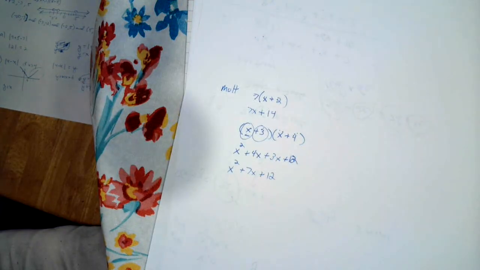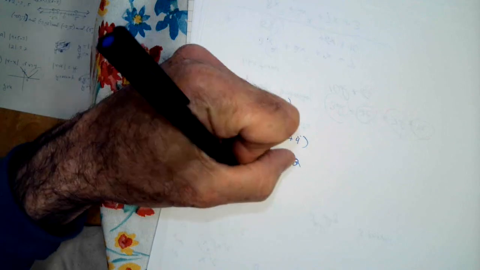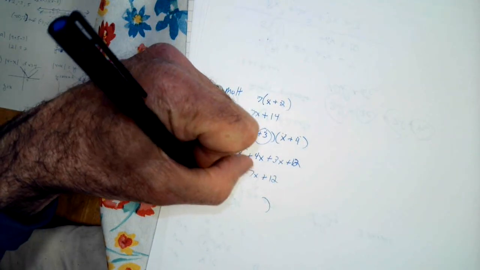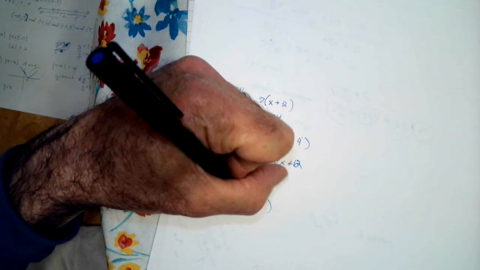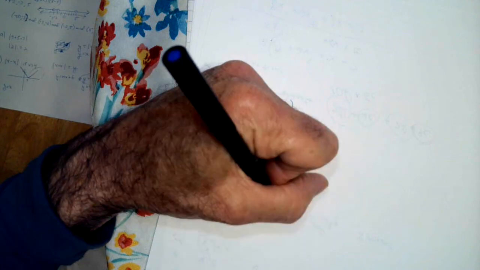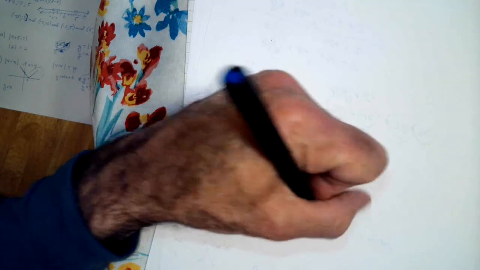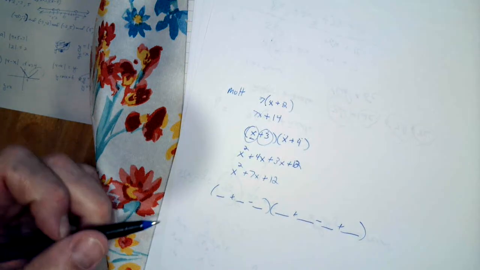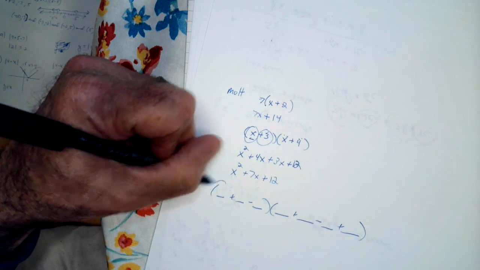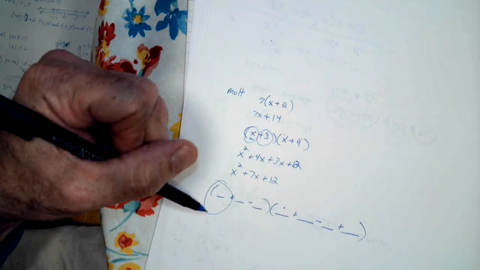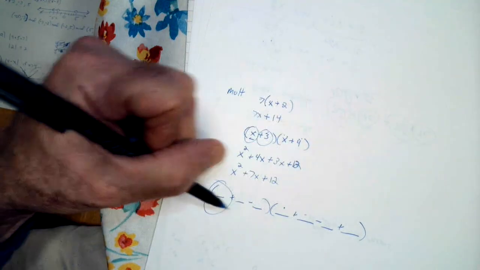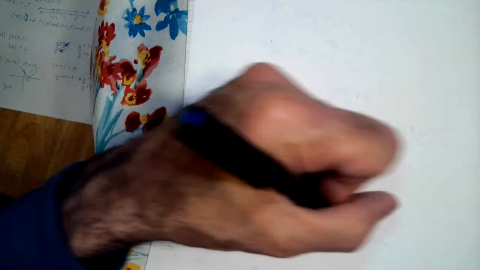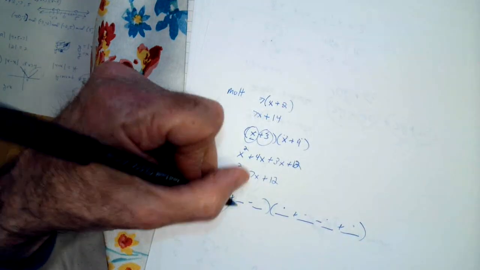So that's how you multiply polynomials. If you have a parentheses with a bunch of junk, this plus this minus this times this plus this minus this plus this, we use the distributive property. We just take the first one times that plus the first one times that plus the first one times that, and then we go to the second one.